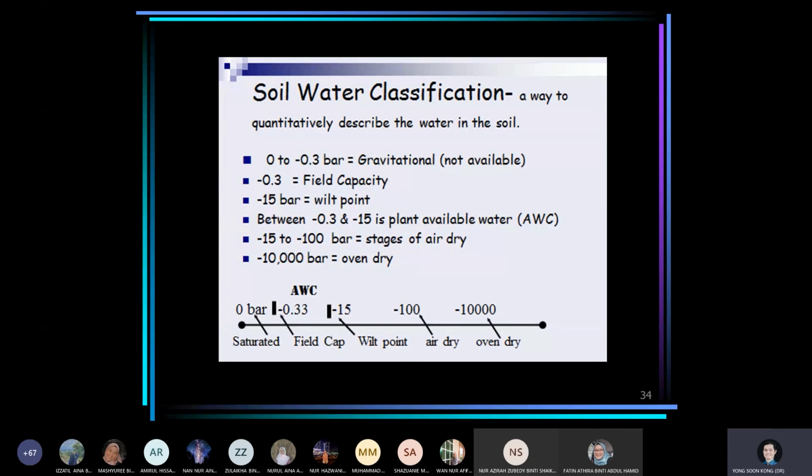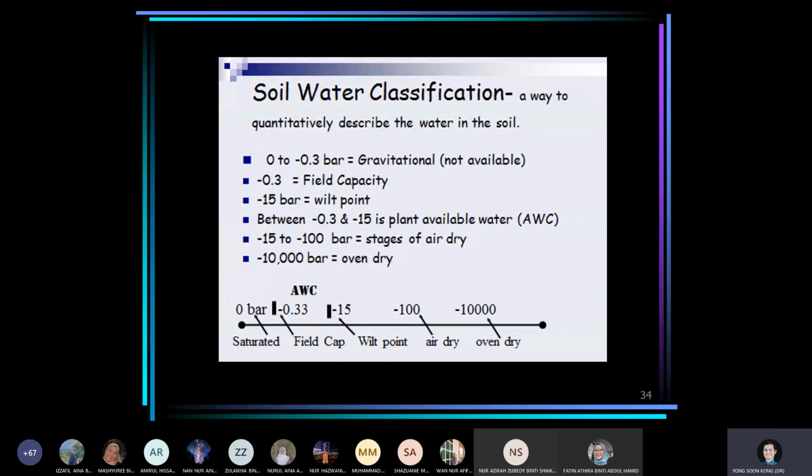First, how much water content, and then approximately, what is the potential? So you know saturated is always 0. Saturated is always 0. That's very predictable. And then you move downwards.